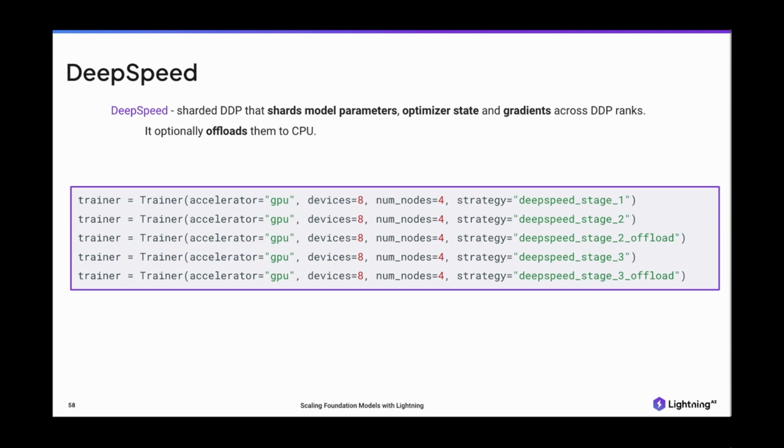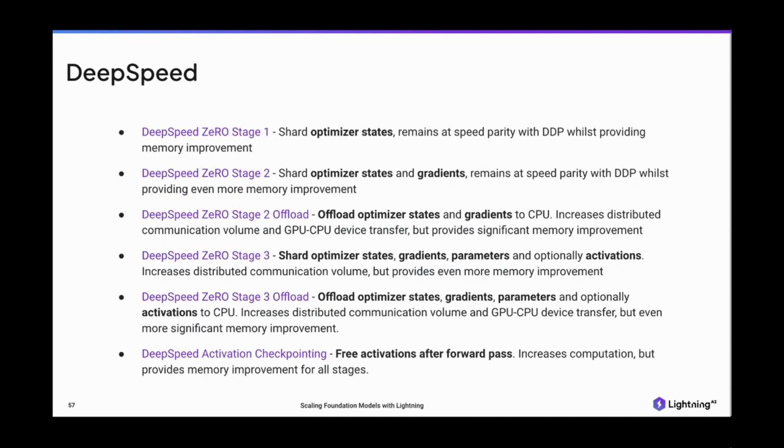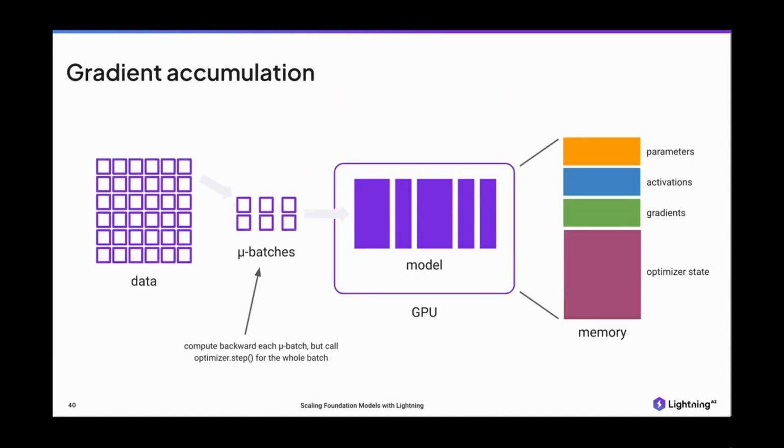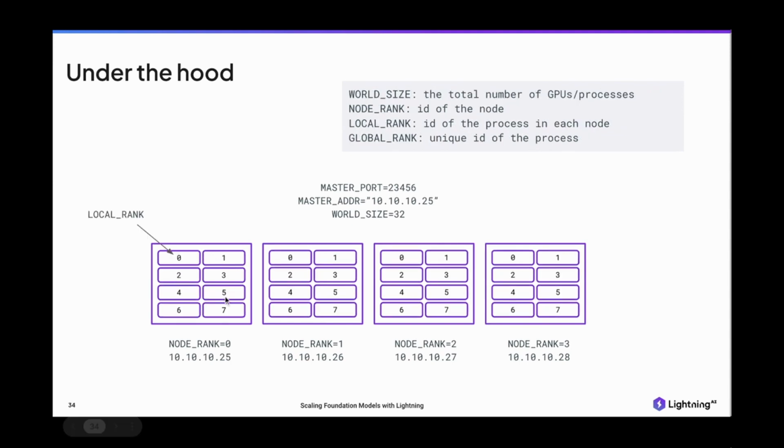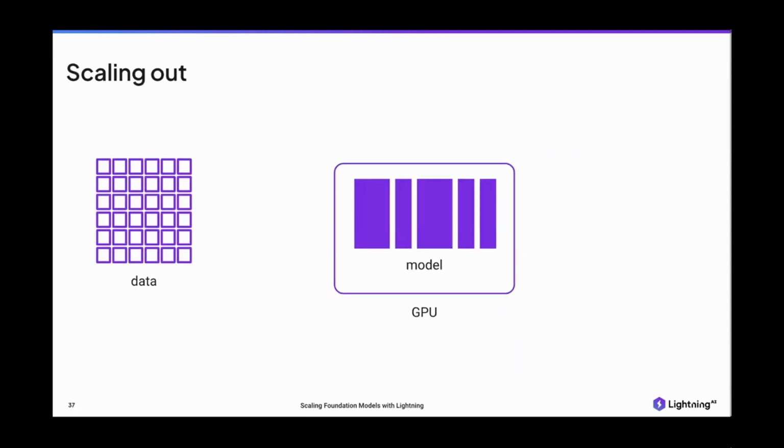Devices is the number of accelerator devices, GPUs. Okay, thank you. This is the scheme here, essentially: you have 8 GPUs per node, and you have 4 nodes. So you have a total of 32 GPUs.